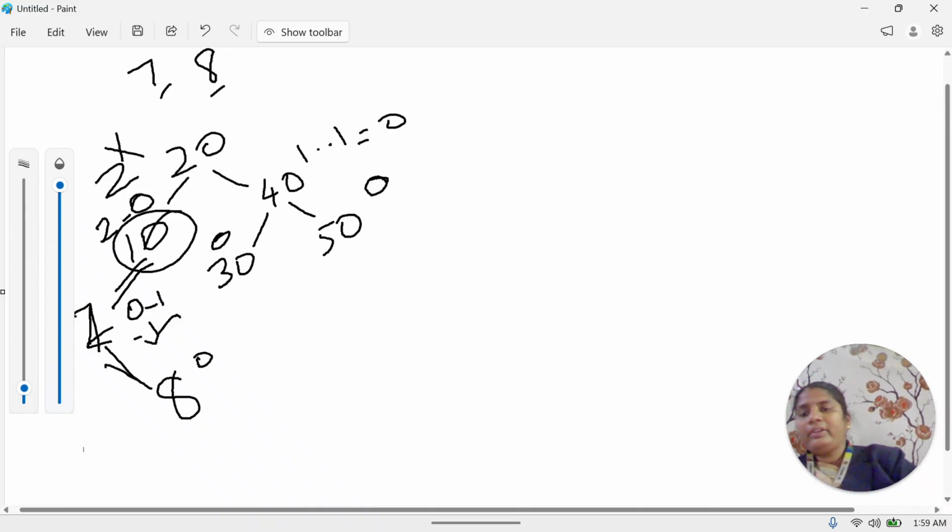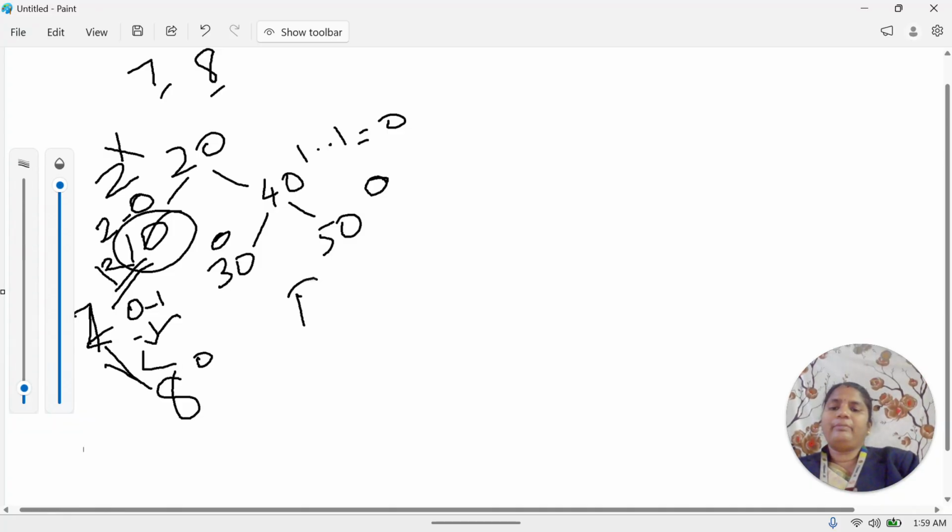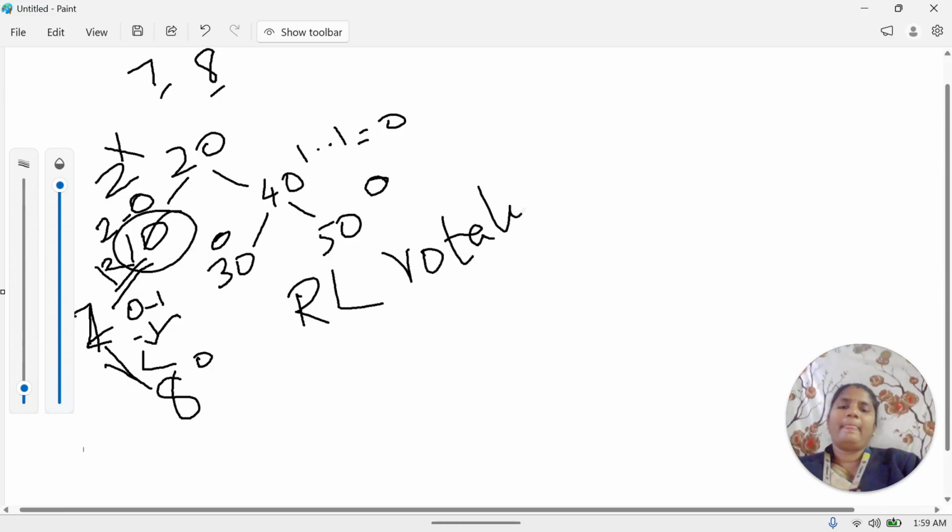Now we have to check the rotation. Here it is the right side of the root node, here it is left. So there is an LR rotation. In case of LR rotation, first we need to perform the right rotate at 8.